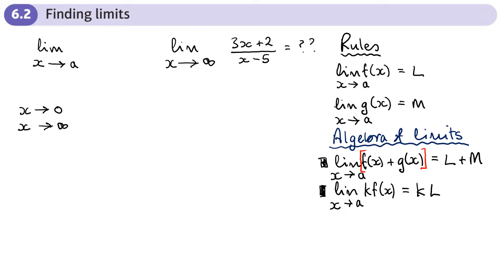So you could almost think of this like the multiplication rule, where you multiply your function by a constant, so you multiply the limit by a constant.